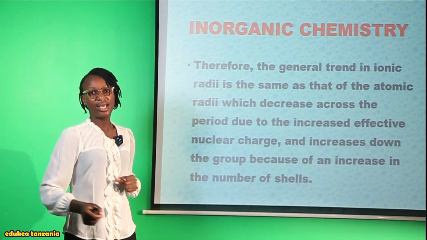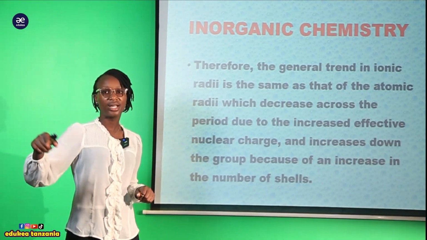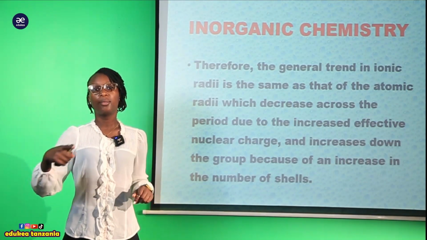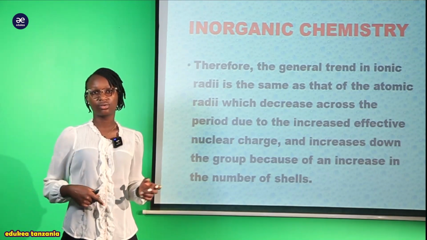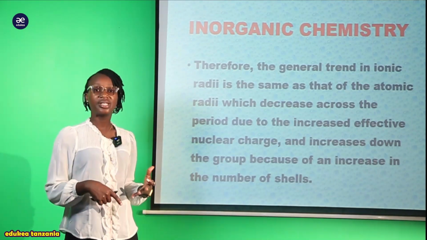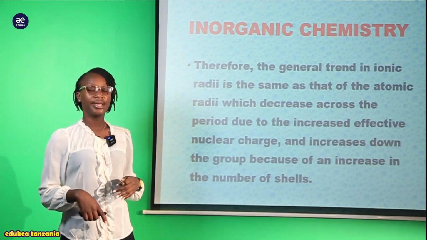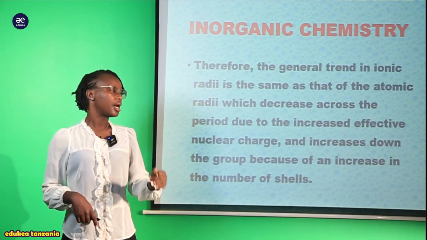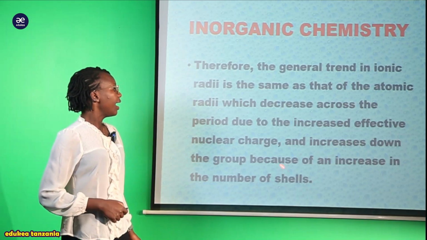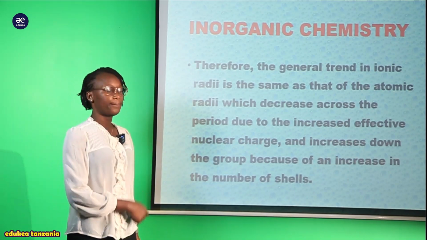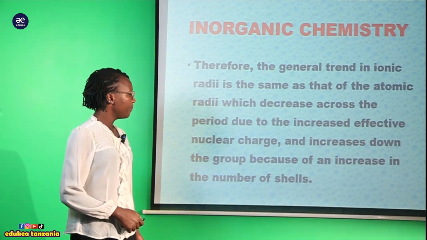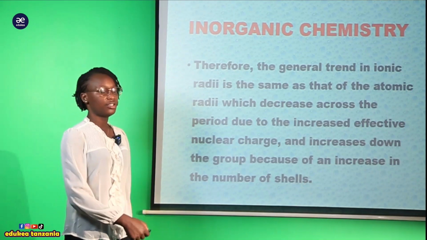Kwa hiyo ile distance haitakuwa formed kwa sababu hatutakuwa na zile outermost shells. Hatutakuwa na zile main shells. Therefore you see that the distance will be lowered, and therefore that's why the ionic radius decreases across the period. And also increases down the group. Why? Because of the increase in the number of the shells.